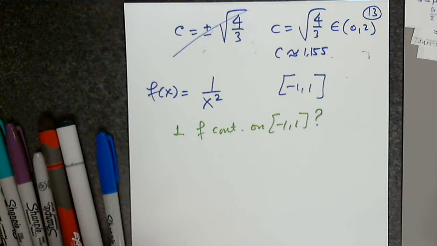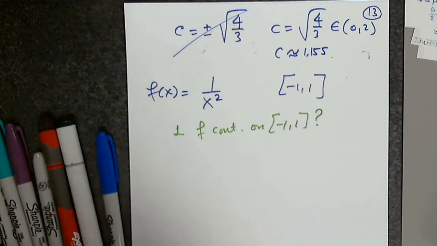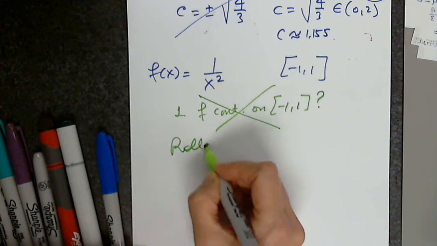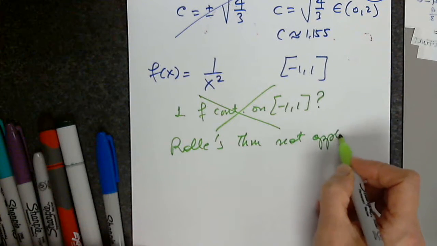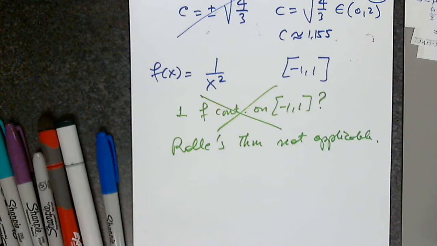Careful. It's 1 over x squared. This function doesn't even exist at 0. Can it be continuous between -1 and 1 if it does not even exist at 0? No. Rolle's theorem is not applicable here, because this function is not continuous on the interval -1, 1.